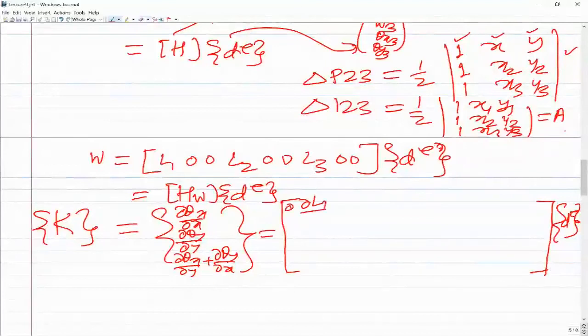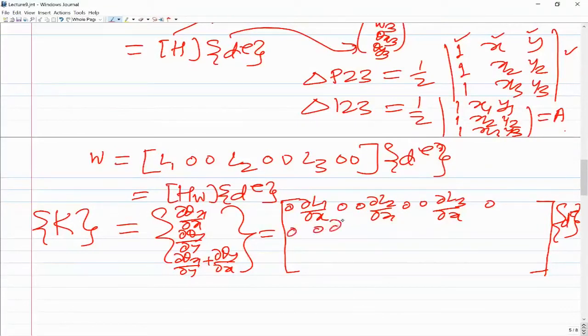So 0 del L1 by del x 0, then 0 del L2 by del x 0, 0 del L3 by del x 0. Then for theta y it would be 0 0 del L1 by del y, 0 0 del L2 by del y, and then 0 0 del L3 by del y.